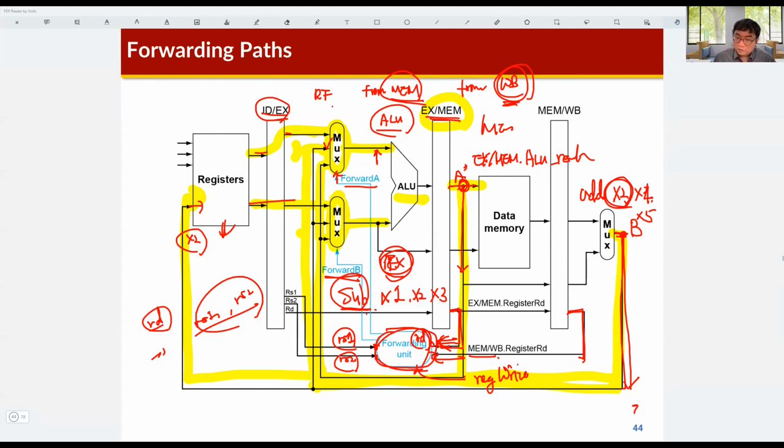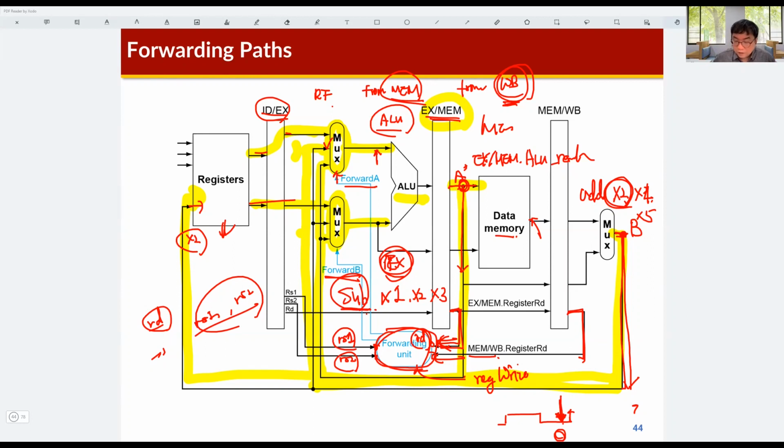the result of the load instruction is generated from data memory. If we look at the timing of this data memory, the result of the load instruction will be generated some time here, that means in the later part of the clock period.